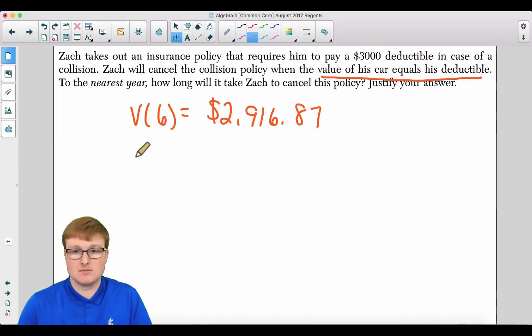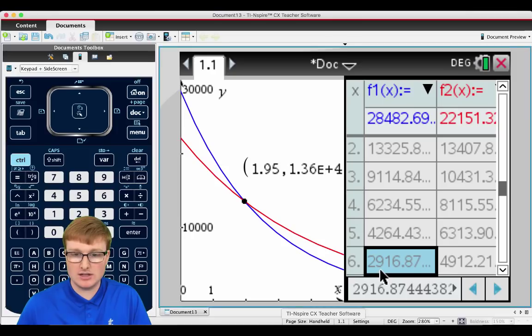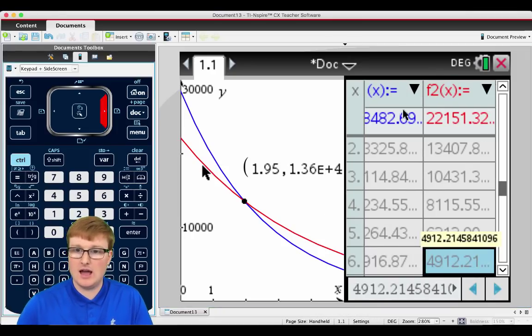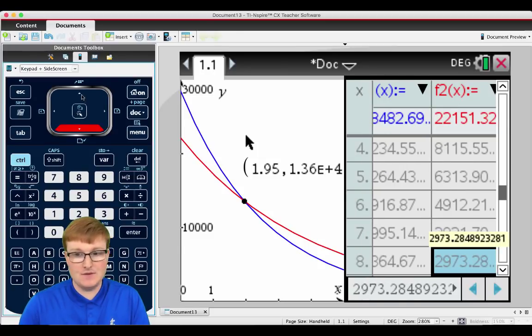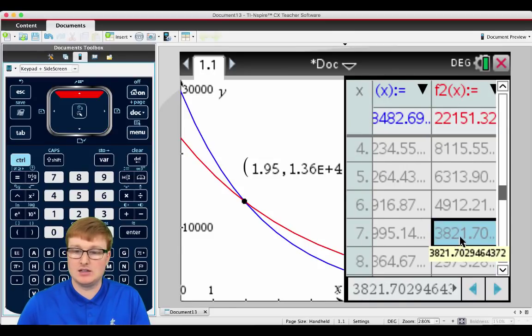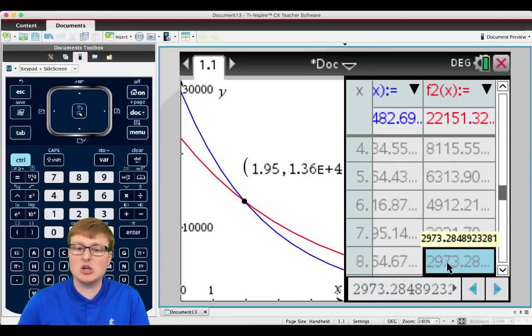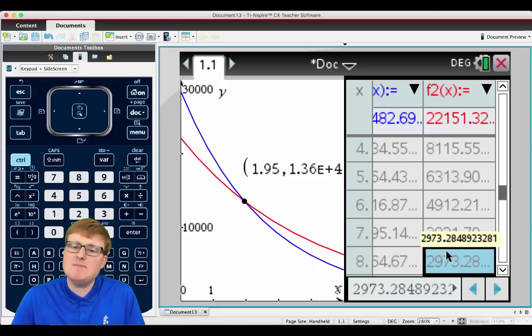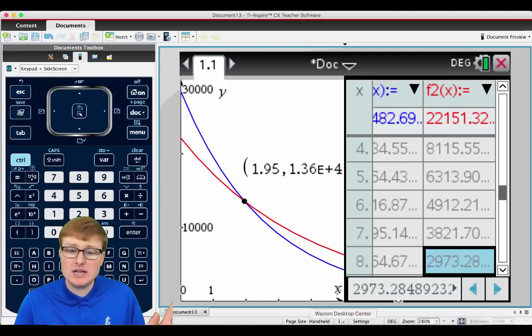Well, if we take a look here at his deductible, V of 7 is greater than or equal to $3,000. It's the 8th year. So why would he pay 2 more years? That makes no sense to pay 2 more years, right?